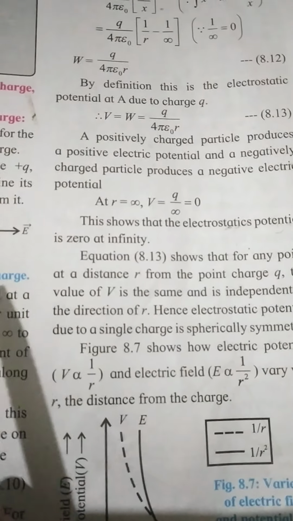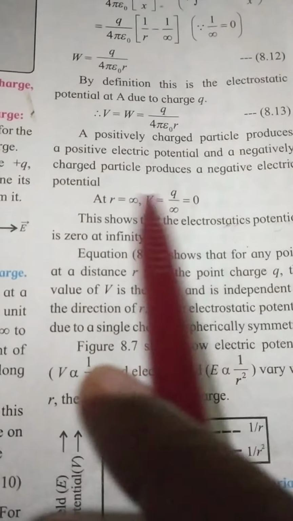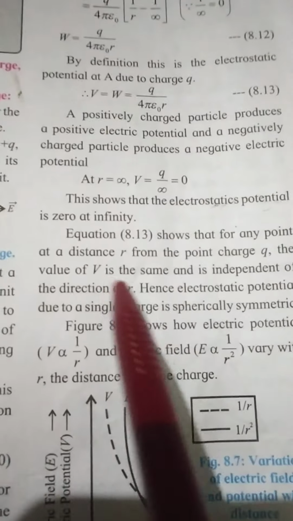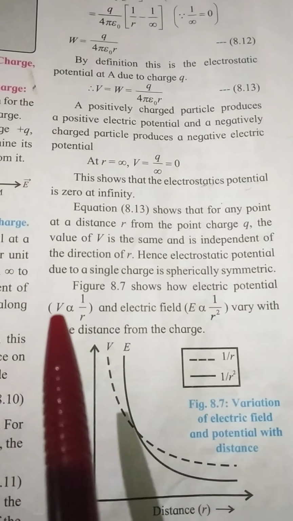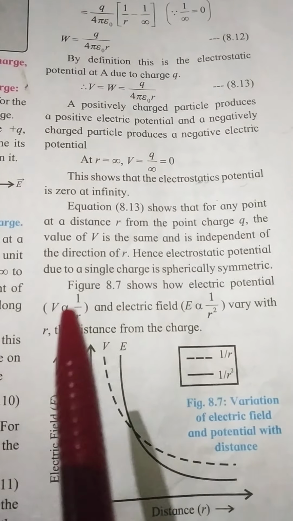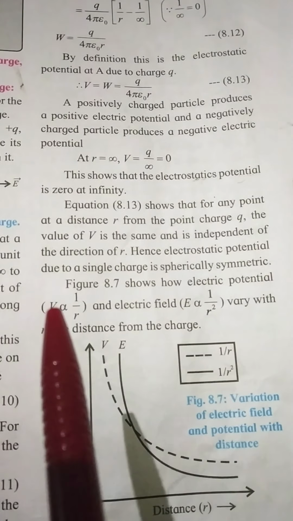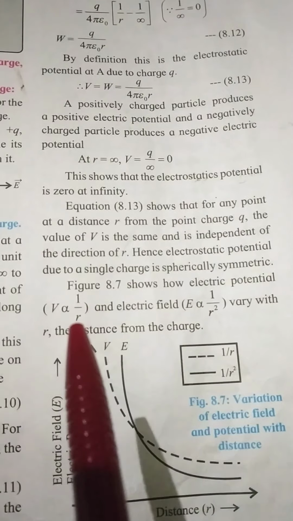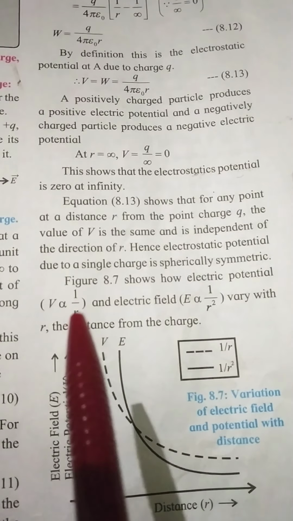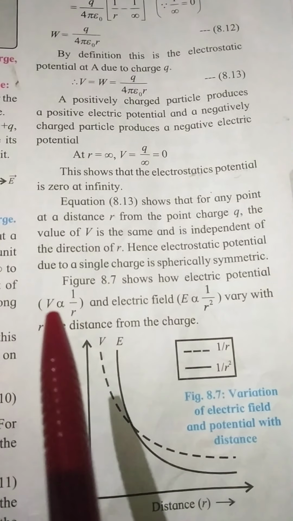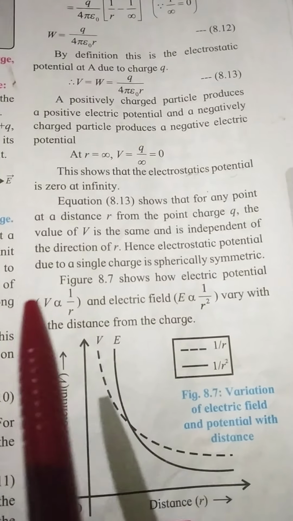At a large distance the electric intensity decreases, as we already learned. The figure shows that the electric potential V is inversely proportional to R, meaning potential increases when distance decreases, and potential decreases when distance increases. The relation is vice versa.